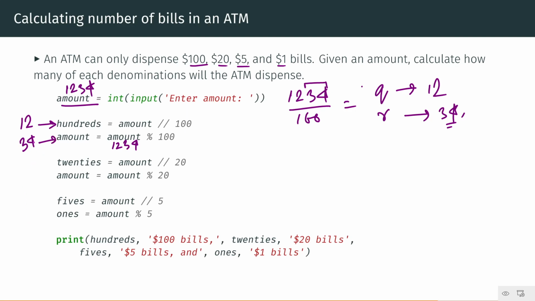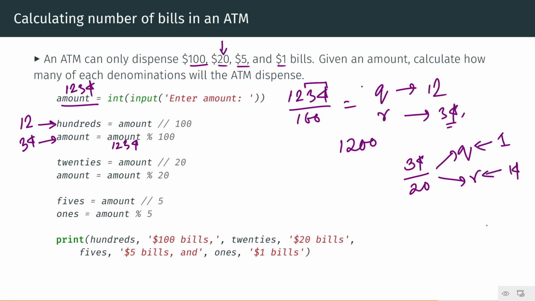Next, you have already dispensed $1,200 worth of cash with $100 bills. What's remaining is you have to dispense $34. How would you dispense $34? You will try to dispense as much as you can with $20 bills because that's the next highest denomination. So you just divide the amount by 20. 34 divided by 20 will give you the quotient of 1, and the remainder would be 14.